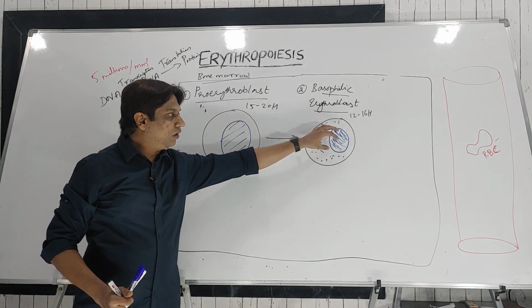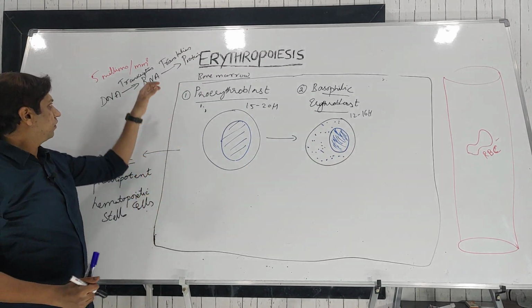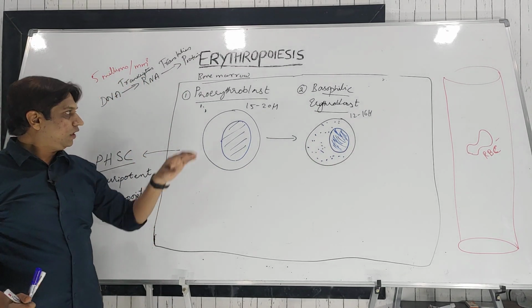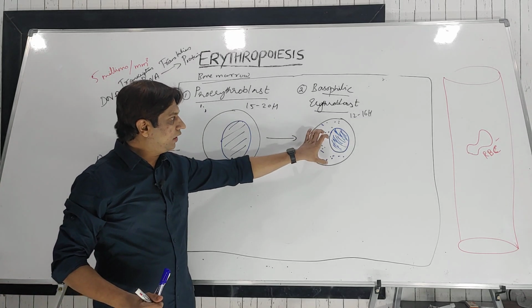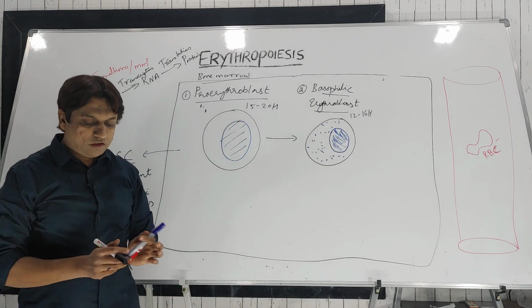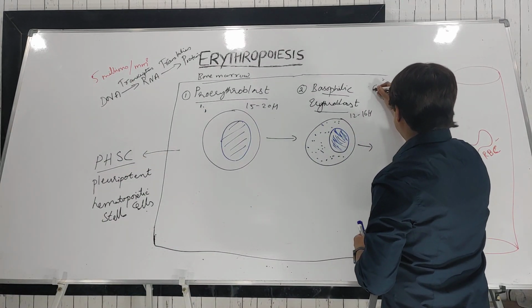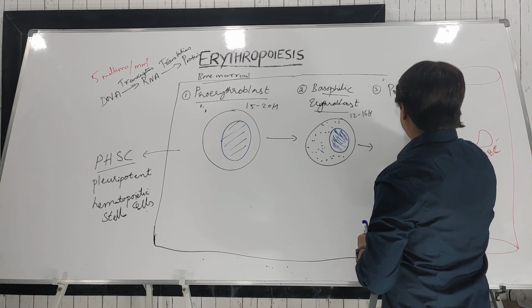This nuclear DNA forms RNA for protein synthesis. Because of this RNA and ribosomes, the cytoplasm appears bluish, and that's why it is known as basophilic erythroblast. Then the third stage is the polychromatic erythroblast.